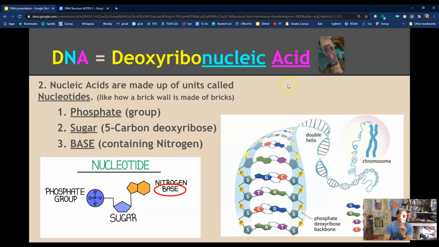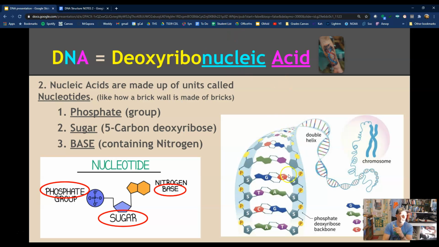You'll see nucleotides written different ways. So there's your phosphate. It'll say phosphate group sometimes because it's a phosphate with oxygens around it. You don't need to know that, just know phosphate. And then the sugar. It can also be called a 5-carbon sugar or a deoxyribose sugar. I just say phosphate and then sugar. And then lastly, the base, the nitrogen base in the middle.